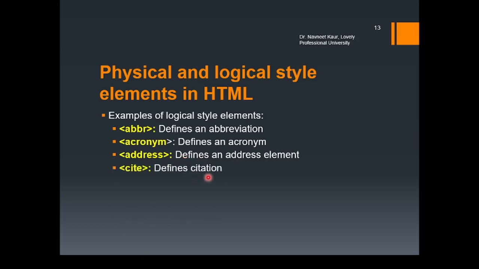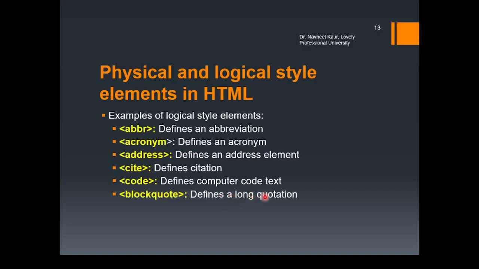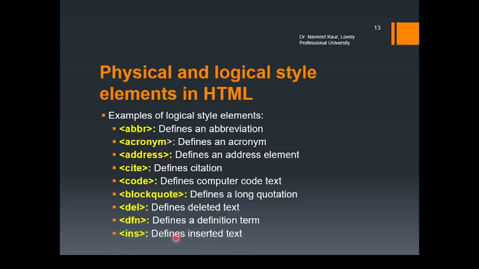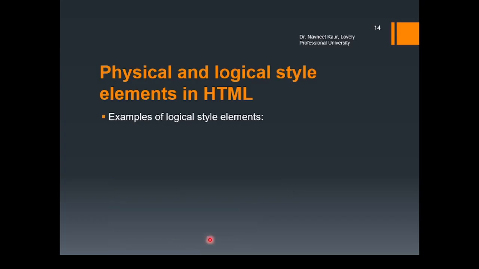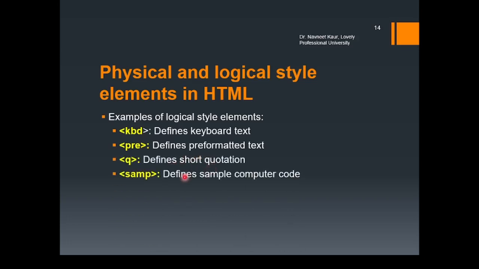We have cite for the citation, code to define computer code text, blockquote to define a long quotation, del for the deleted text, DFN for defining a definition term, INS for the inserted text, and then we have KBD for keyboard text, pre for the pre-formatted text, Q for the short quotation, SAMP to define the sample computer code.